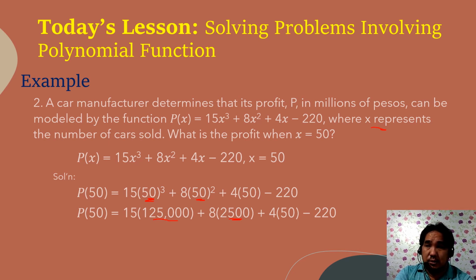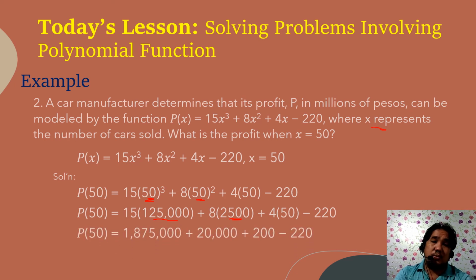Then we will multiply 15 times 125,000. If we multiply this, it will yield 1,875,000. Multiplying the 8 by 2,500 will give us 20,000. Then 4 times 50 is 200, then minus 220.